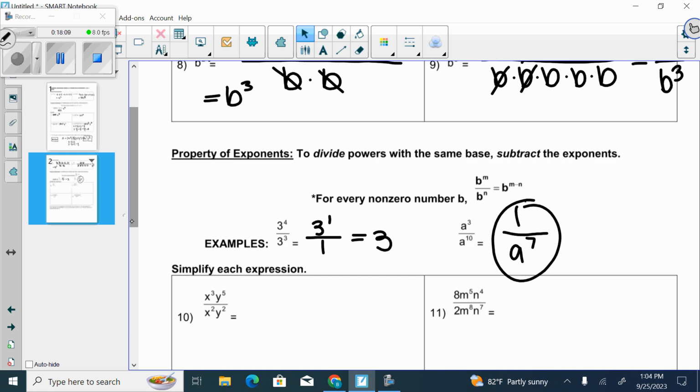So right here, you might want to make yourself a little note about what we just said. Whenever we subtract, stay and leave the term where the bigger exponent was.